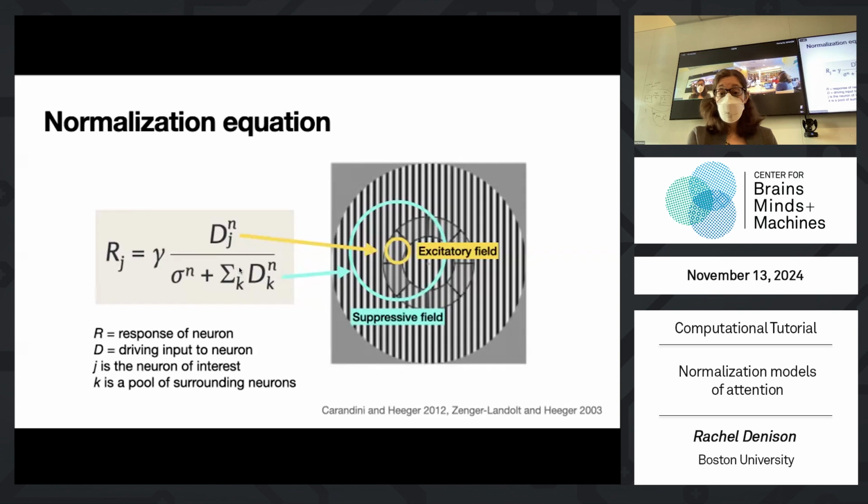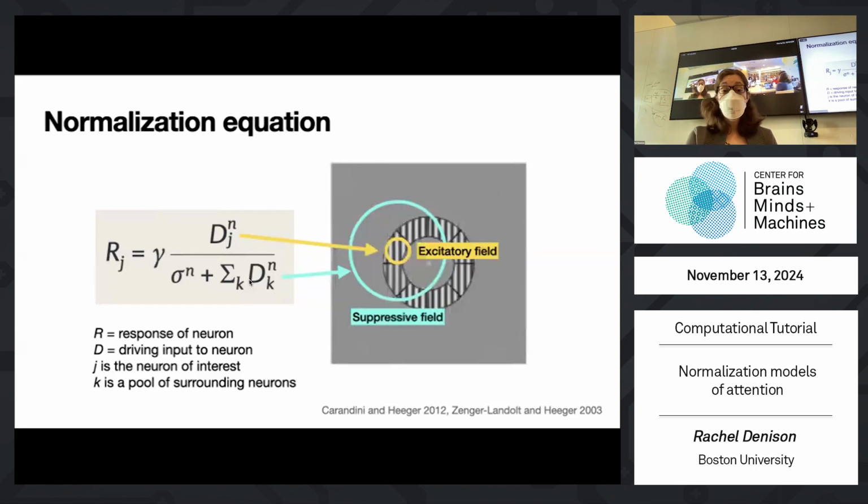Okay, so in this situation we have a lot of suppression from these K neurons, which we can call the suppressive pool. If we take away the surround contrast, now you see what happens. So what's happened here? What will happen to the response of this neuron J?